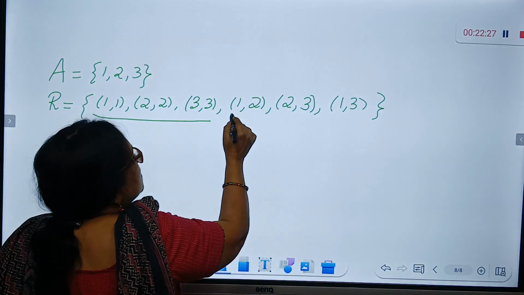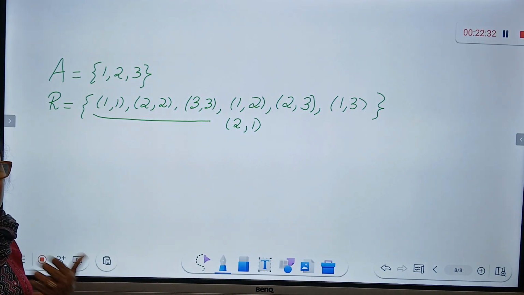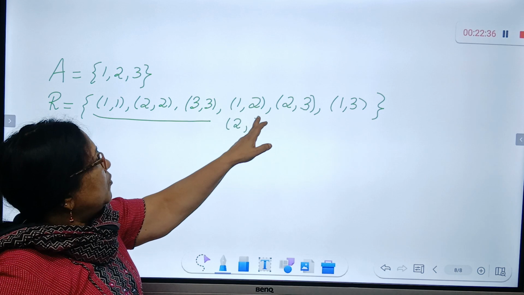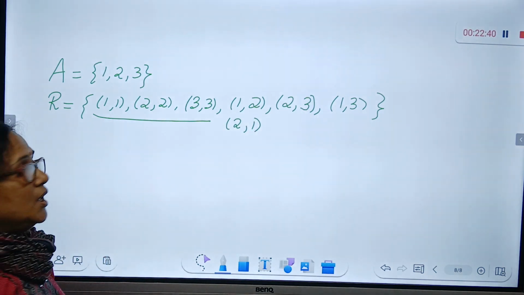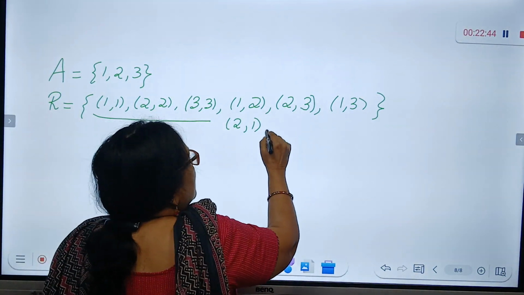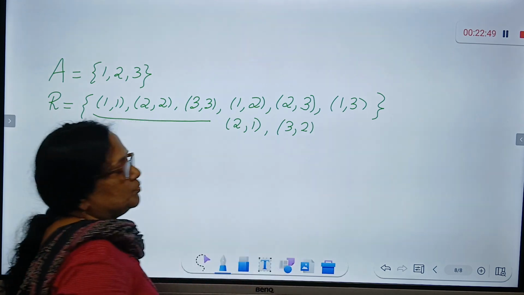So, how can I make it symmetric? I am going to include (2, 1). So, let us also think how you can make it into a symmetric relation. If (1, 2) belongs to R implies (2, 1) belongs to R. Now, (2, 3) belongs to R. So, does it have (3, 2)? No. So, I am including (3, 2).